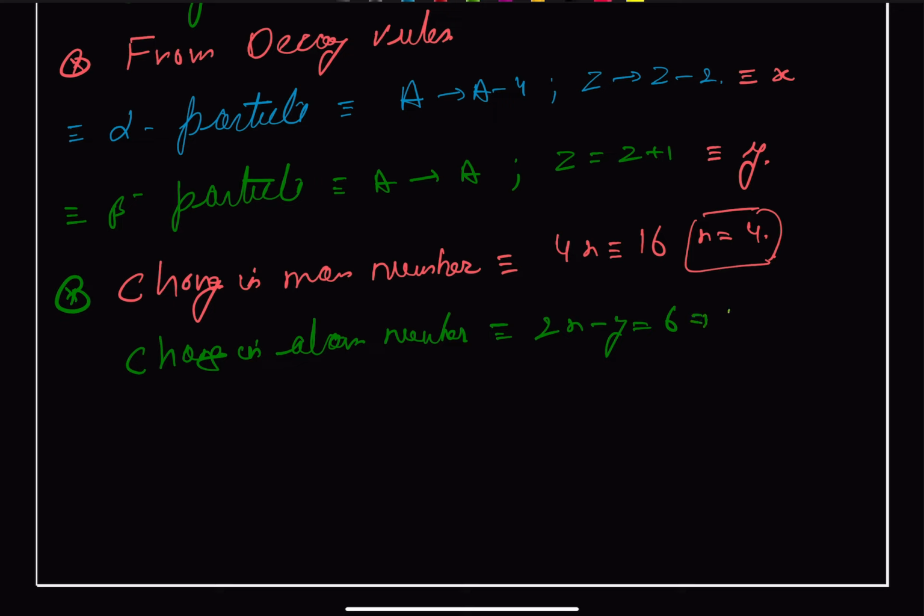So this gives us 8 minus y is equal to 6, giving us that the value of y is equal to 2.